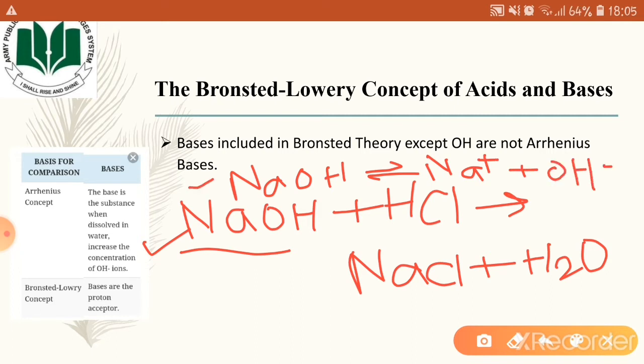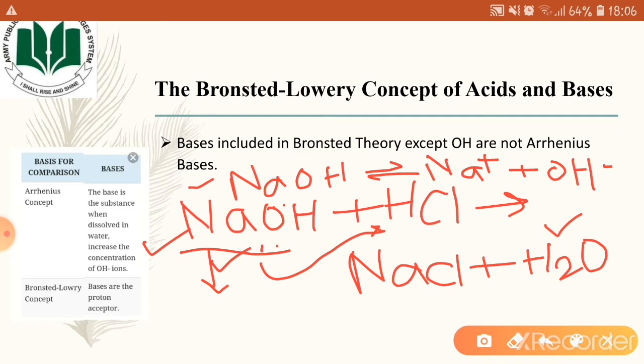Now, if we apply the Bronsted-Lowry concept on sodium hydroxide, then in the acid-base reaction we may see that the lone pair on the oxygen atom is accepting the proton from hydrochloric acid to form the water molecule. So this means that sodium hydroxide can also be referred to as a Bronsted-Lowry base.